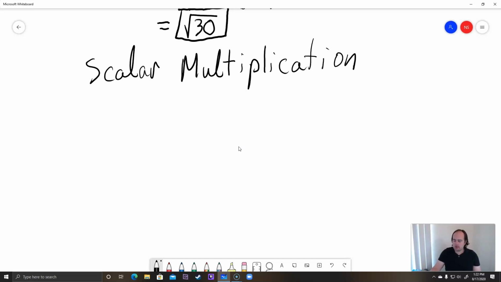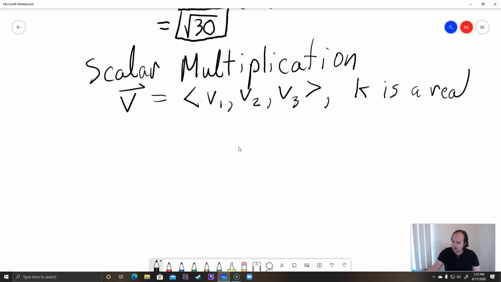The basic idea here is if you have a vector, say you have vector v. Let's say vector v has a position vector form of v1, comma, v2, comma, v3. Keep in mind those are going to be numbers in an actual problem. They just call them v1, v2, v3 to represent the components of your component form. Well, if that's your vector v, and then k is a real number.